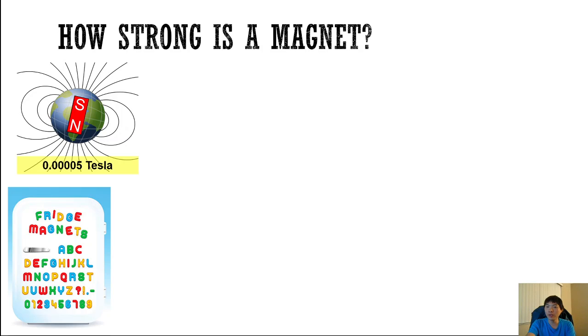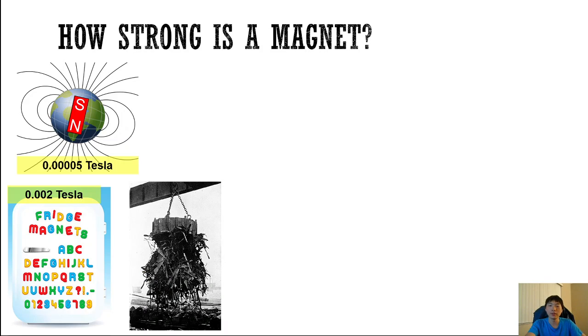Okay, so how strong do you think a fridge magnet is? I'm seeing numbers like 1 Tesla, 5 Tesla, 0.1 Tesla. Okay, so fridge magnets are actually not that strong. Fridge magnets are about 0.002 Tesla. How about this magnet? This is an electromagnet that is used at a junkyard to pick up scrap metal.